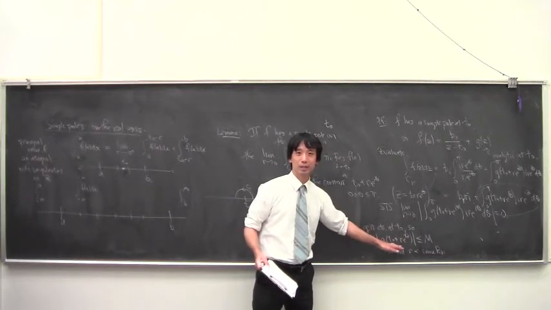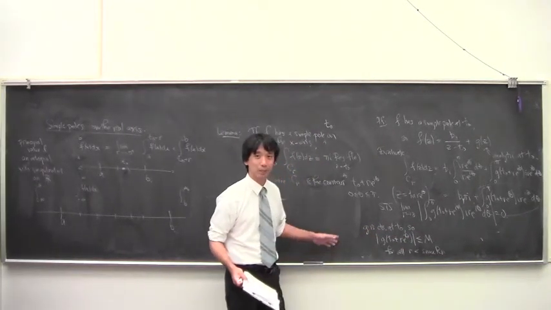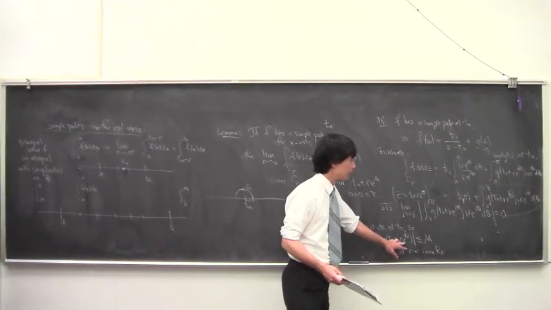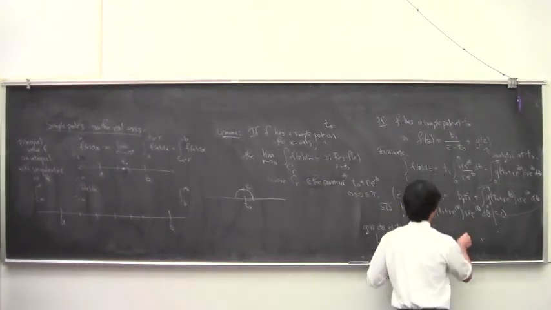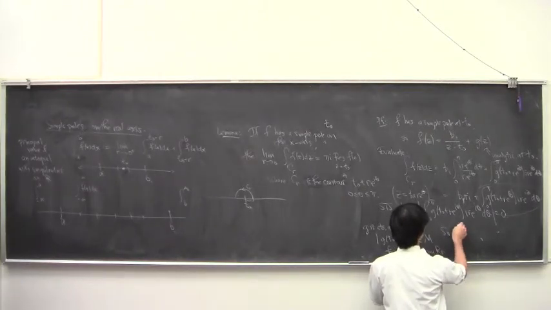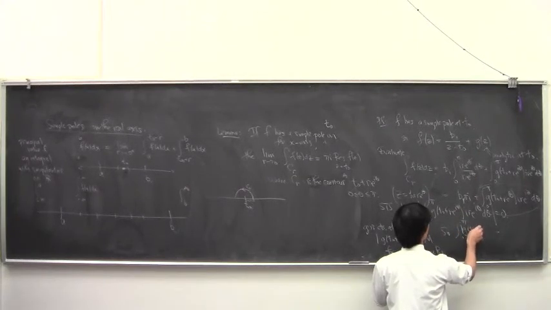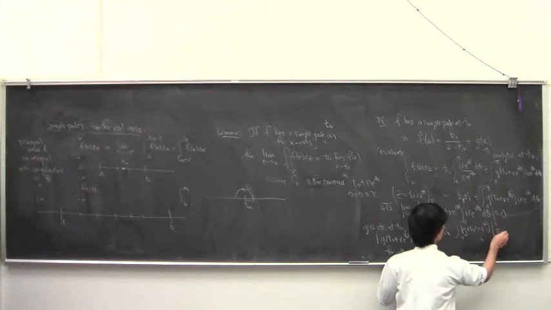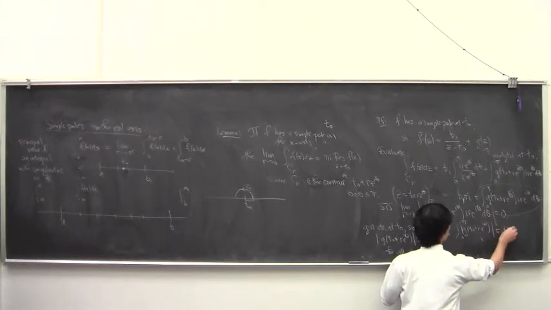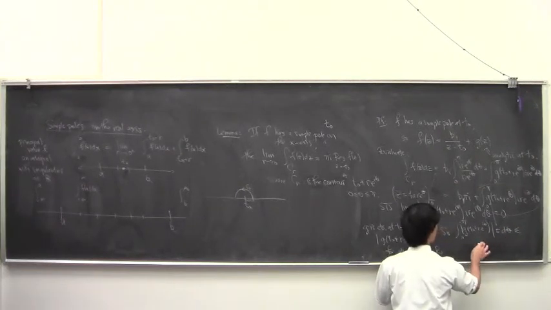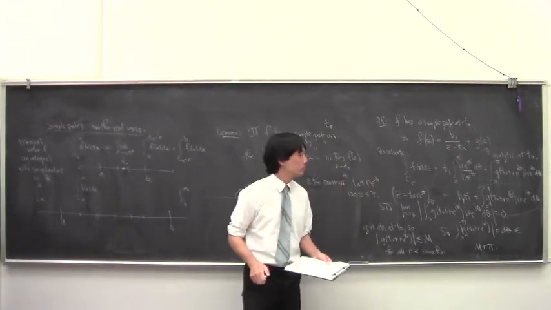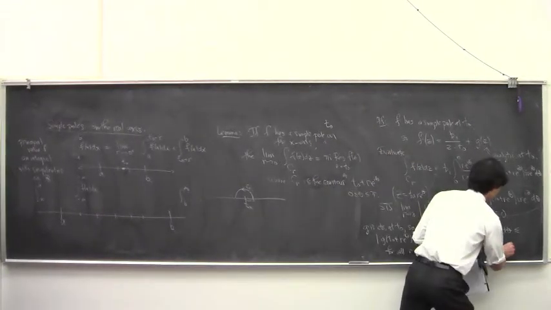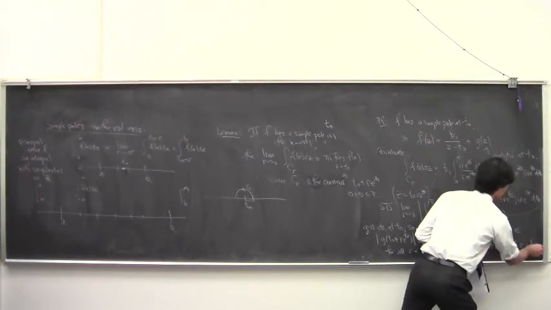You get some bound, just by continuous function on a compact set, say. So you get some bound for that, and so this thing is less than or equal to m times r times pi, which of course goes to 0 as r goes down to 0.